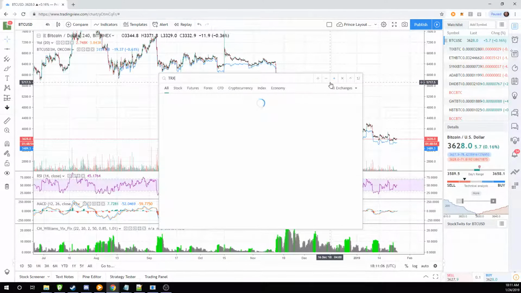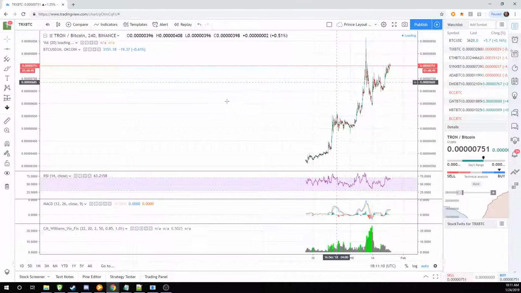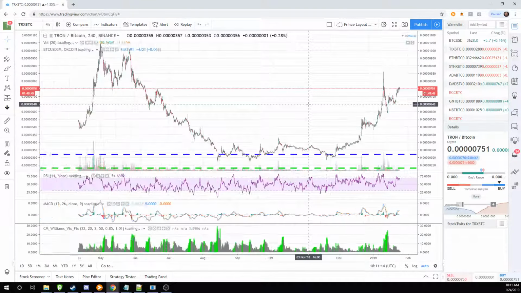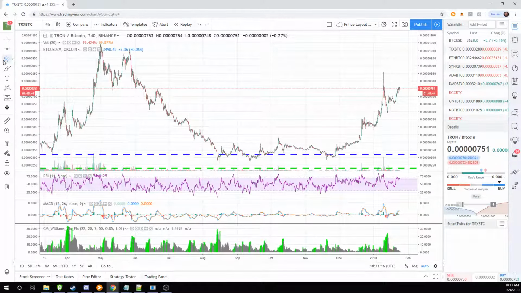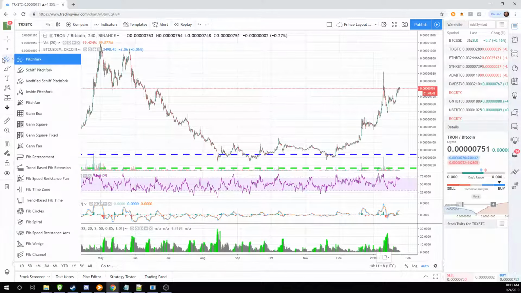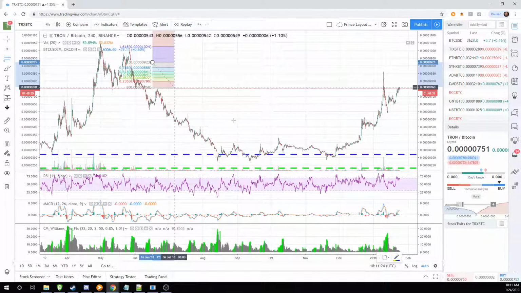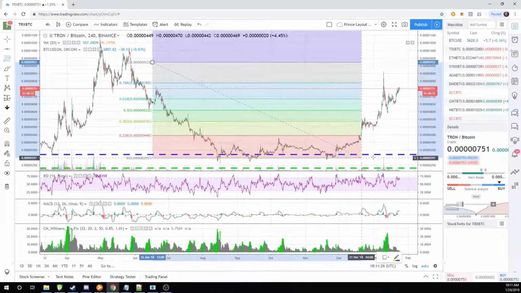Let's move on. TRX, BTC. Okay. Here we have a nice situation. Take a look at this. Let's do our fancy retracement off of this right here. That isn't quite right.